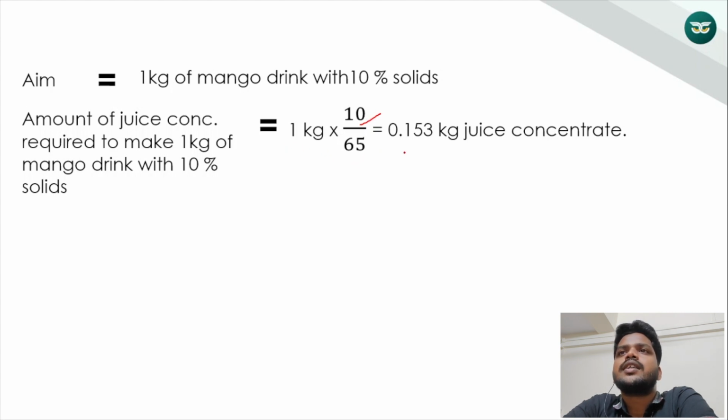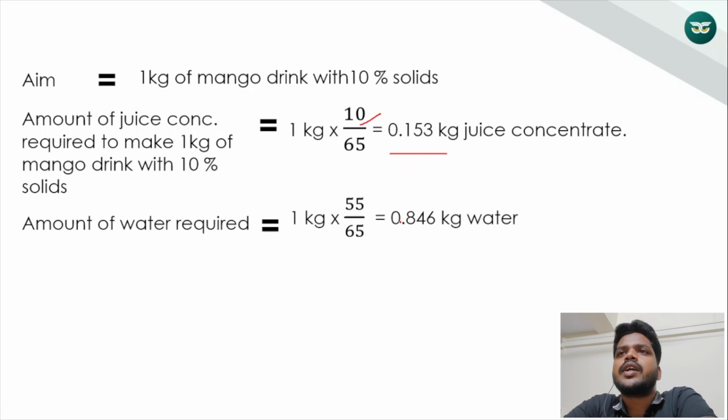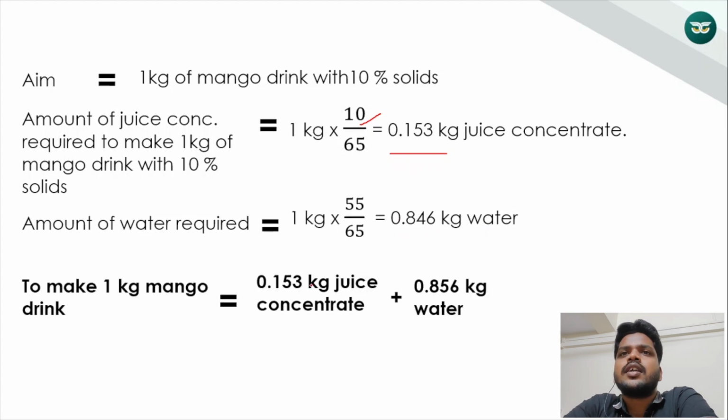For 1 kg, how much is required? 0.153 kg of juice concentrate. Similarly we can find the water value, 0.846 kg of water. The final product is made by adding 0.153 kg of juice concentrate plus 0.846 kg of water. Adding them together, we get 1 kg of mango drink for our sensory evaluation.